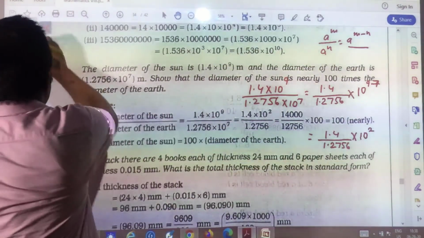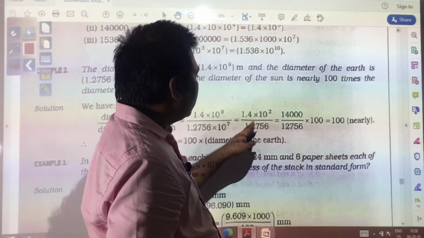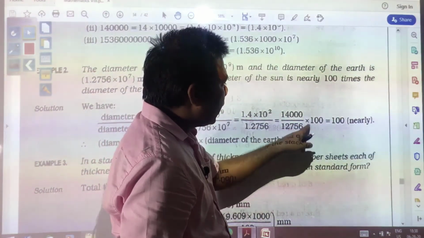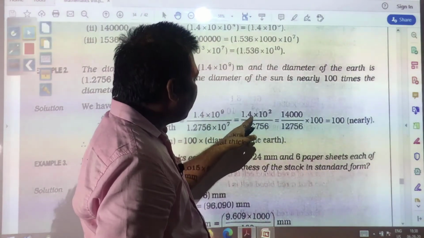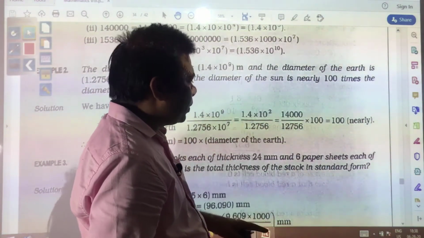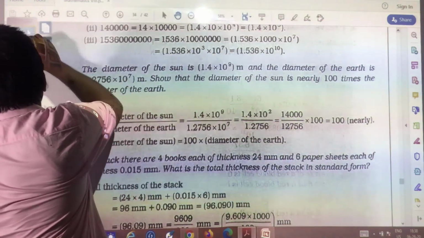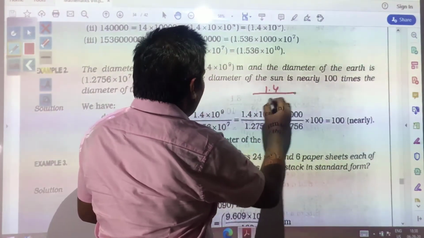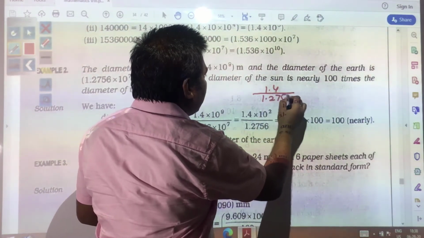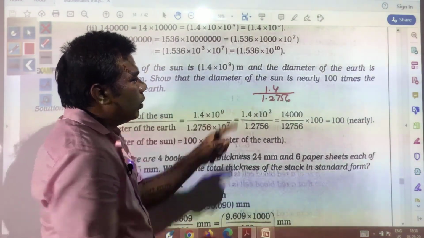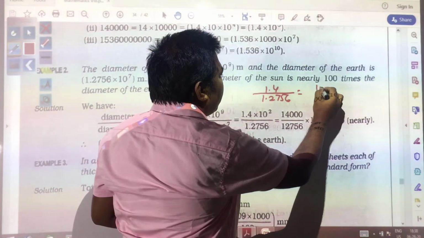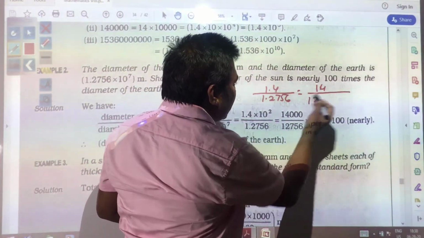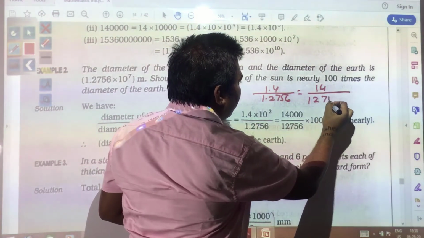Now, you see here what has been done. Here you see this has not been multiplied, 10 to the power 2 has been written as 100. Now, 1.4 you have and 1.2756 you have. This has been converted. How will you convert this? 1.4 means just 14 you write down and without decimal you write the number 12756.